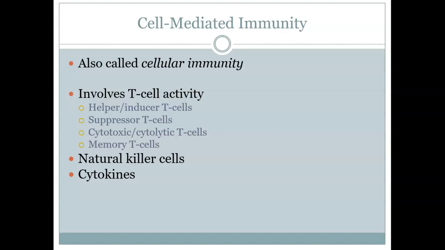So we have to have the suppressor T cells that help prevent an over amount of response to the antigen. Suppressor T cells prevent the formation of antibodies that attack normal healthy self cells. They secrete lymphokines that help inhibit cellular growth and activation.